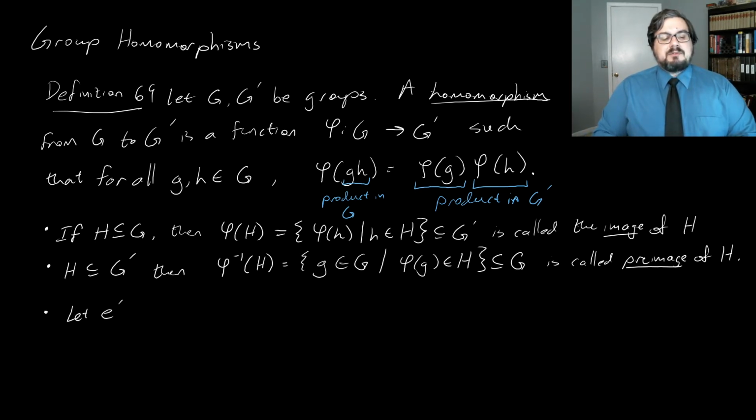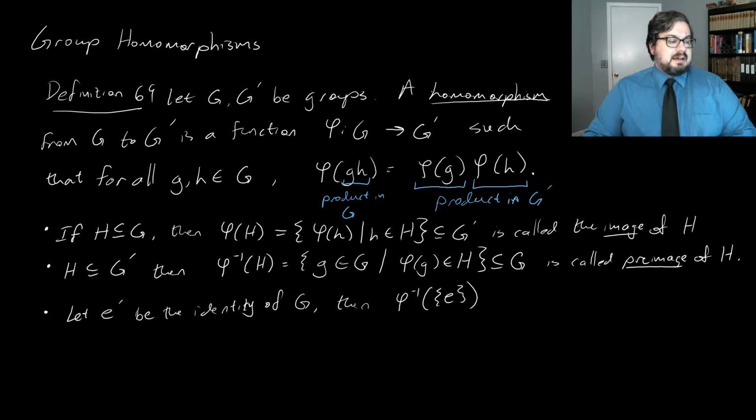Now, if e prime is the identity of G prime, then phi inverse of the singleton set containing e prime is known as the kernel of phi, and it's denoted that way.